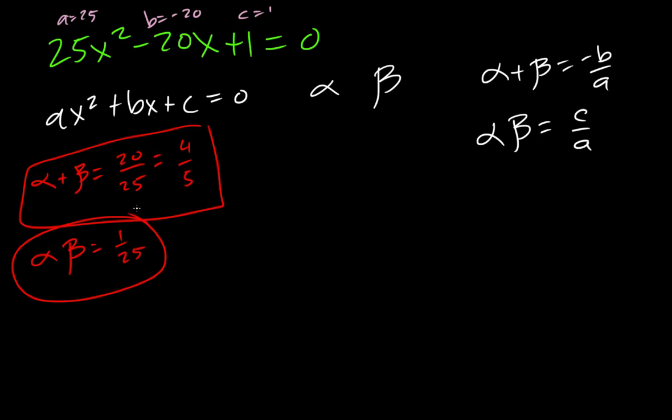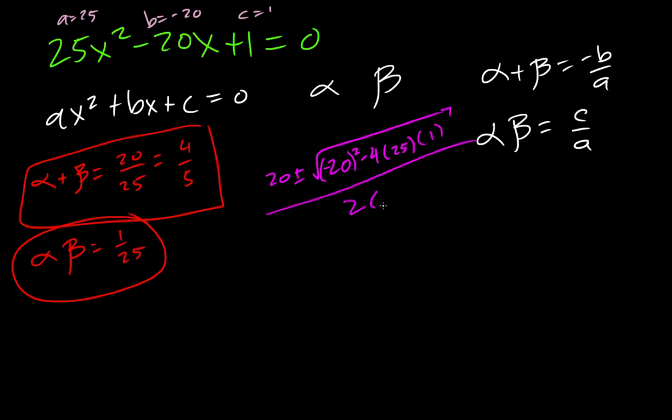Okay, now they want us to check, so we're going to use the quadratic formula. So we're going to say negative b is 20 plus or minus the square root of negative 20 squared minus 4ac, over 2a. Alright, that's going to be 50, 25, negative 100.